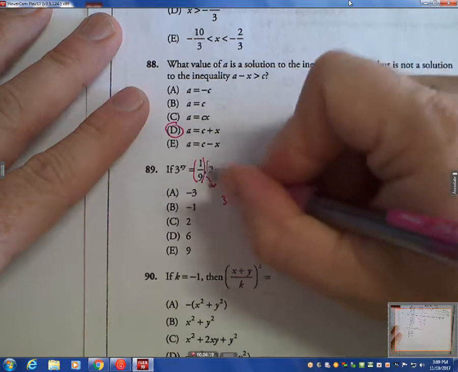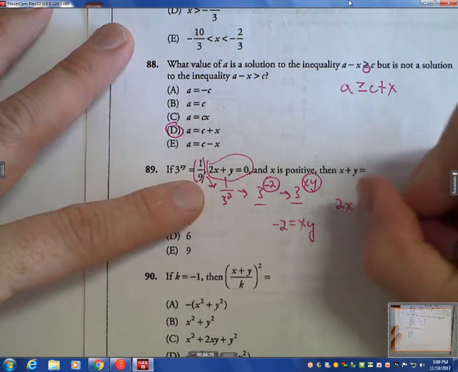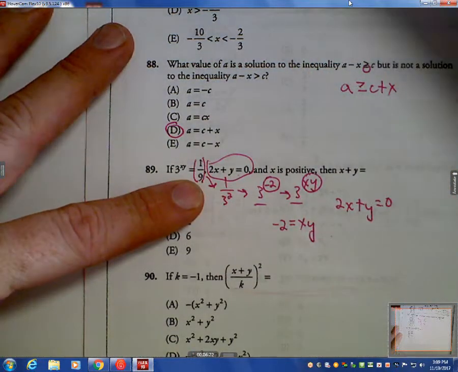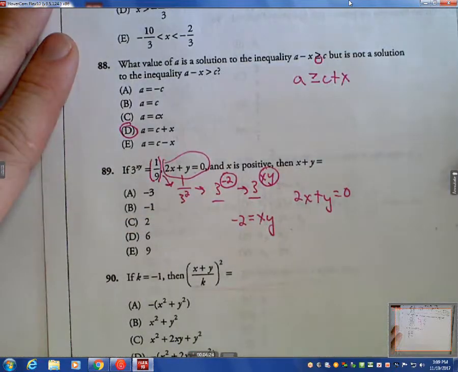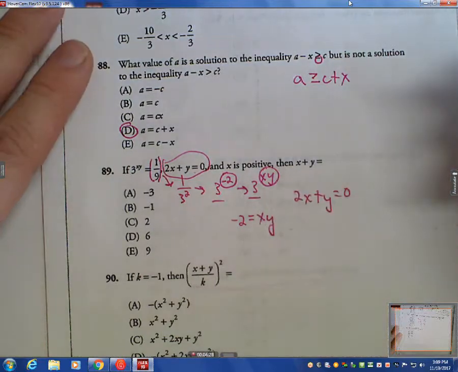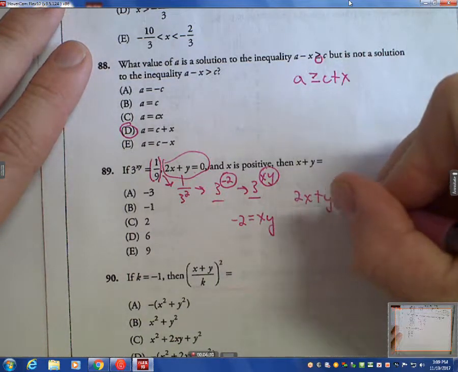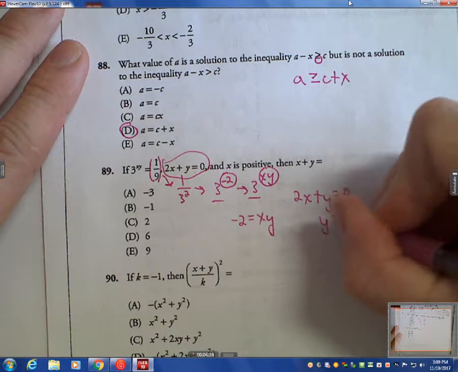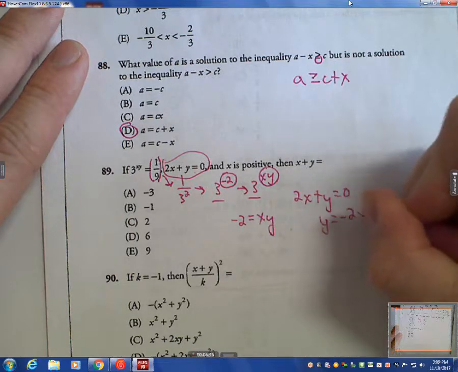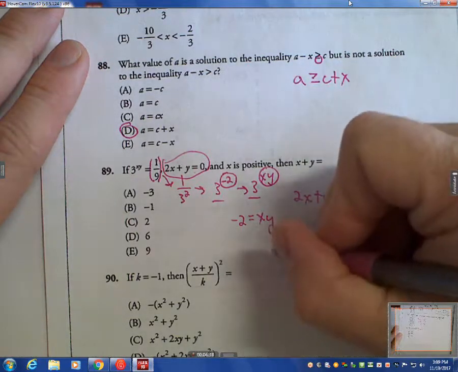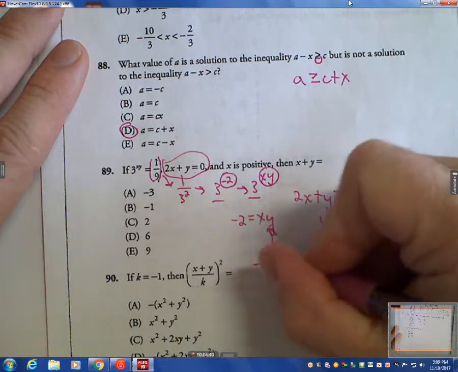I also know that 2x plus y needs to equal 0. So we can substitute. If I get y by itself, y has to equal negative 2x. So I'm going to plug in negative 2x.